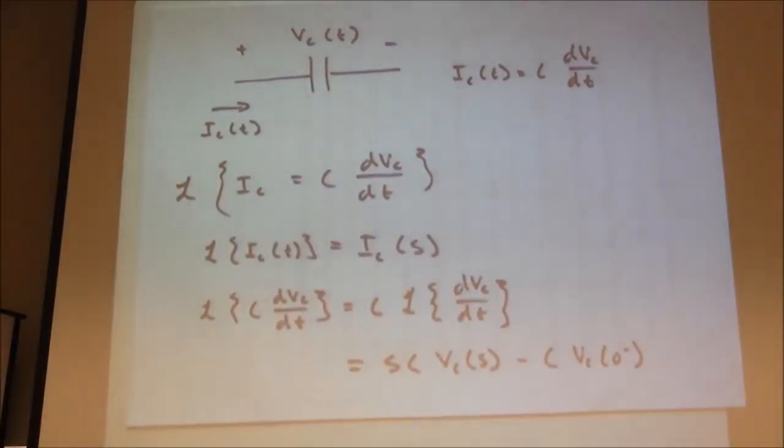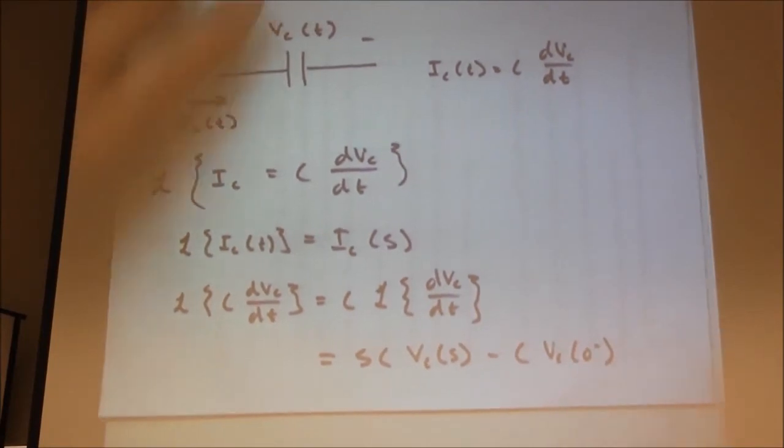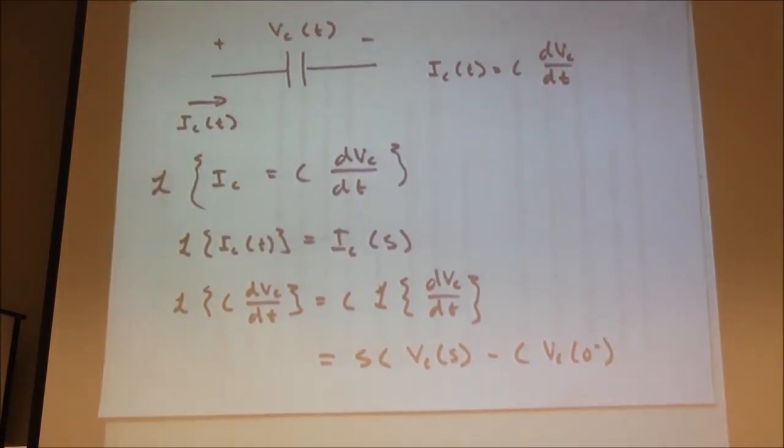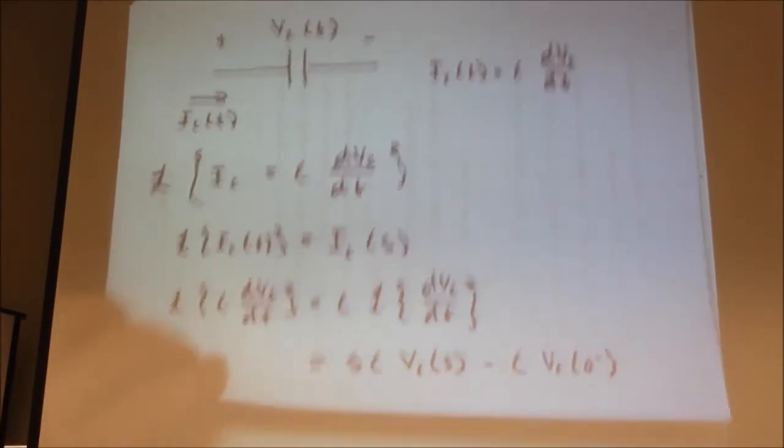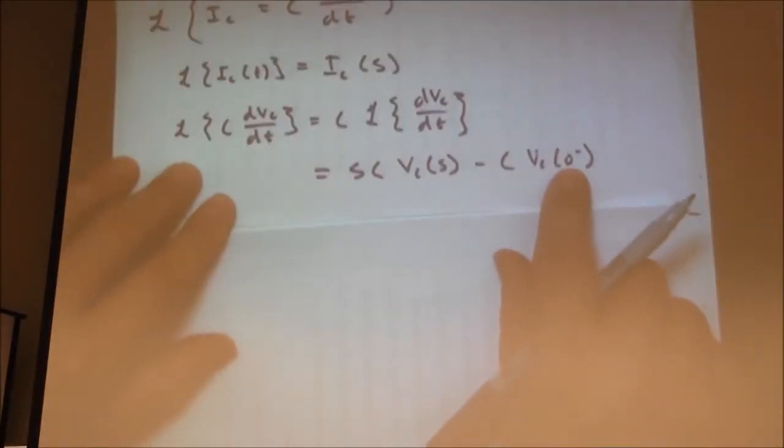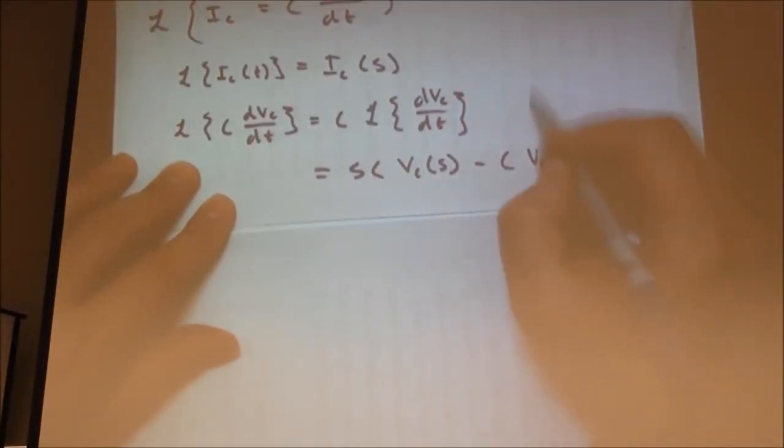And again, that comes out of the mathematics of the Laplace transform. You don't need to necessarily know where that comes from. I can show you if you want later. But that's the Laplace equivalent. Now, this is an initial condition term. That's worth pointing out. That's an initial condition term.